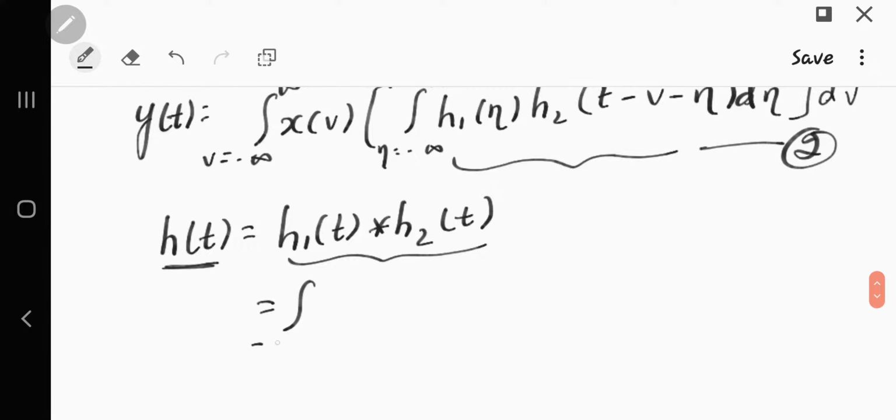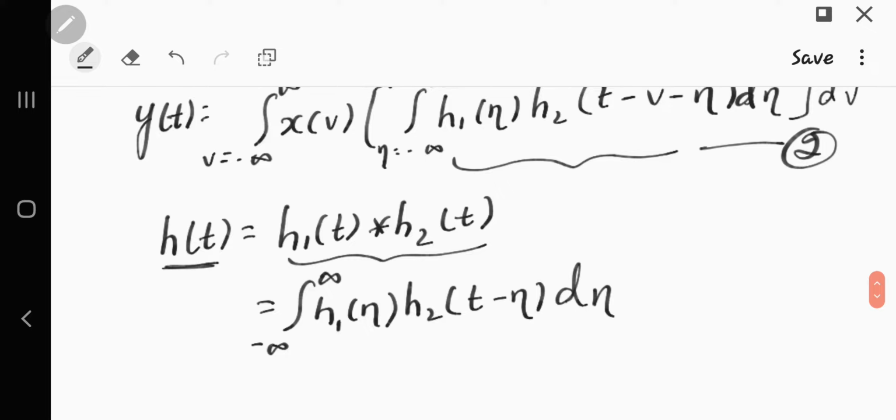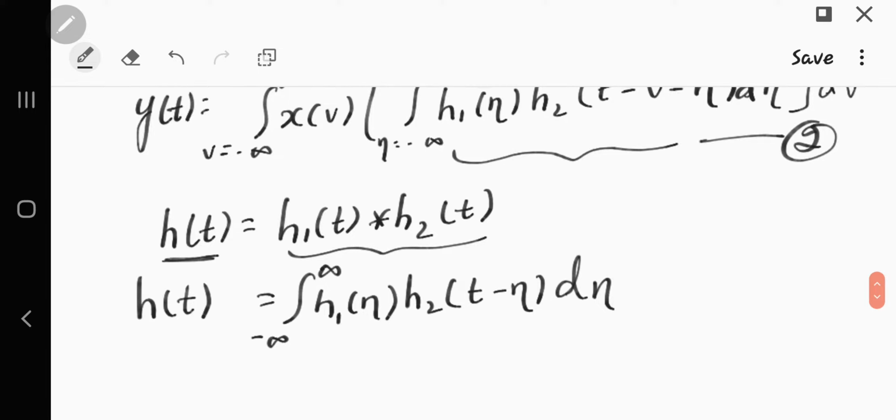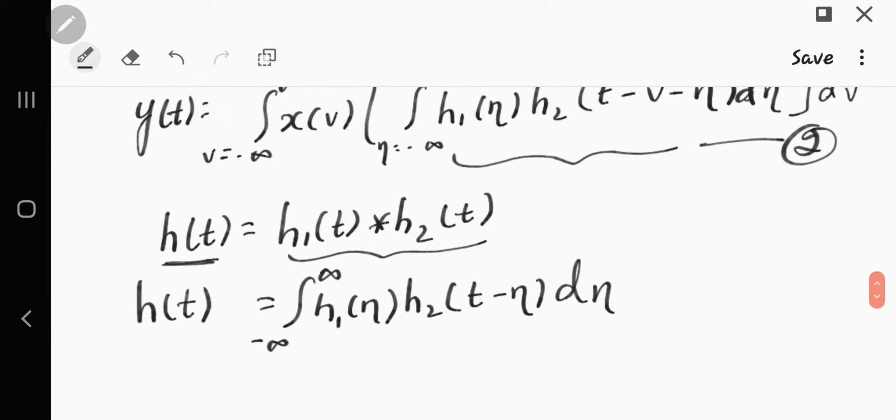So this is defined by minus infinity to plus infinity. Since we have eta here, I will represent it as h1 of eta and h2 of t minus eta, d eta. So this is what I will get. Okay. Now, this is an LTI system which possesses the time invariance property. So whatever time shift I apply in the input, the same time shift will be available at the output.